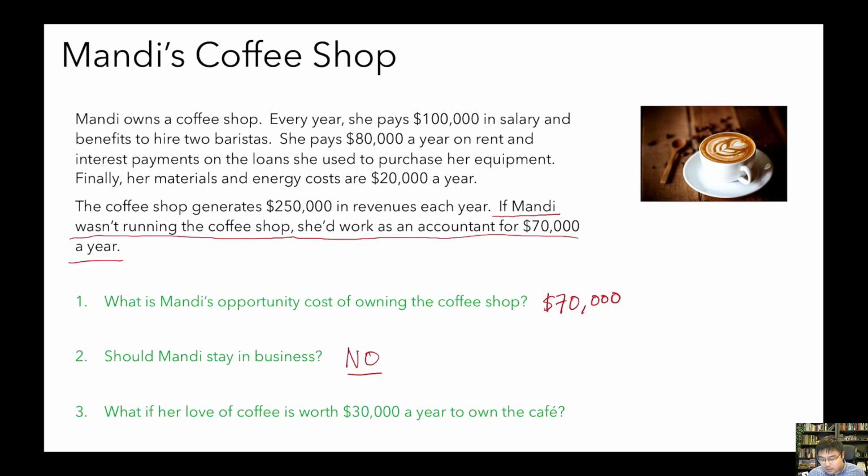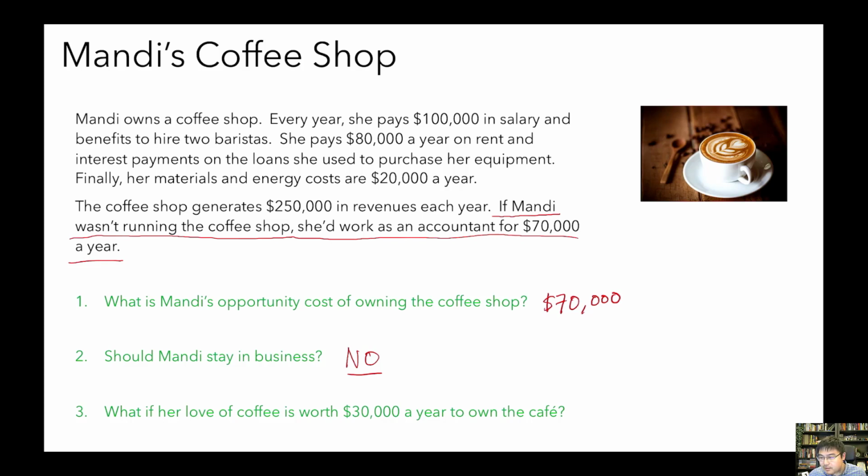Okay? But what if her love of coffee was actually worth something to her? So let's say it was worth $30,000 a year to Mandy to own the cafe. In that case, the opportunity cost actually drops down to $40,000, right? Because the cost of not working as an accountant is offset by the love of coffee, which is worth $30,000.